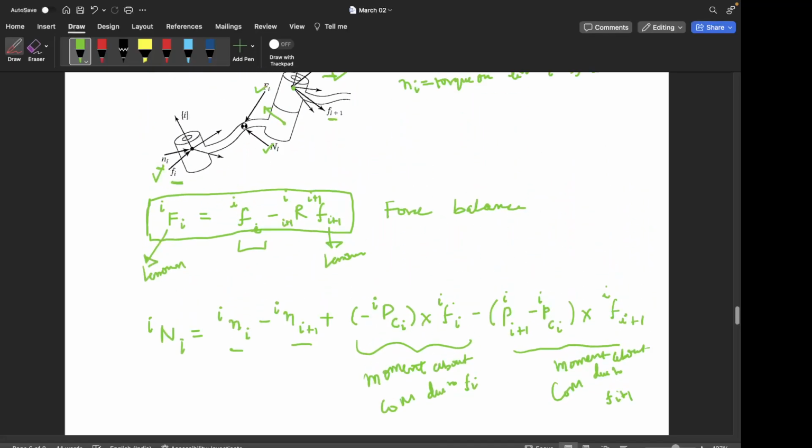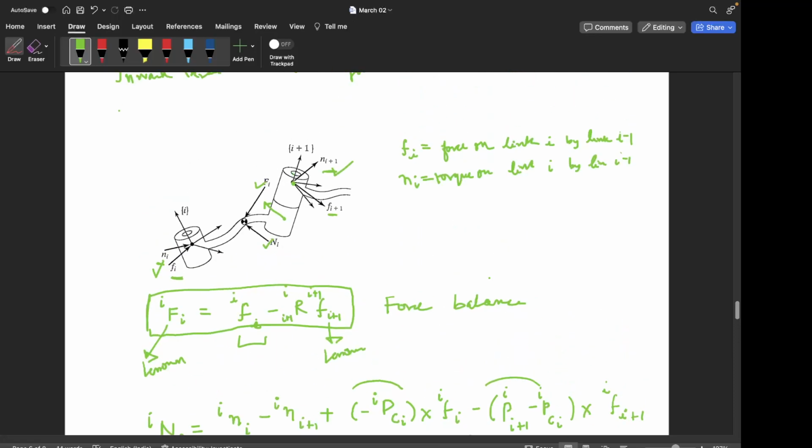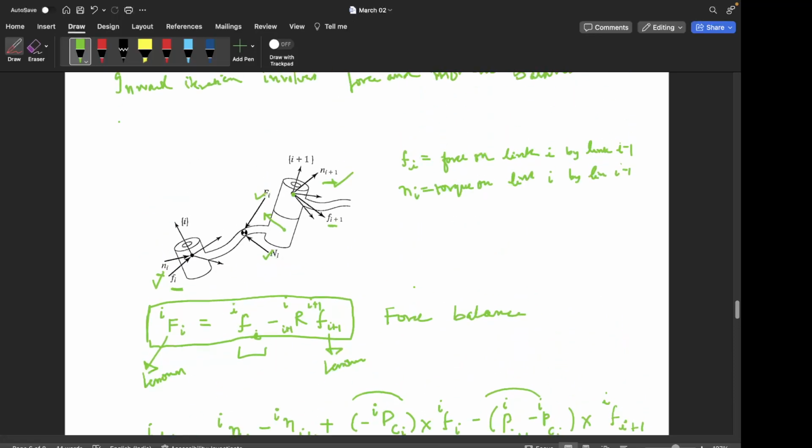Okay, and how about the distances? Where are these distances taken? The point of application of Fi is here, and this distance is minus of PCi. PCi is from this origin to the center of mass, so negative of that, minus PCi.